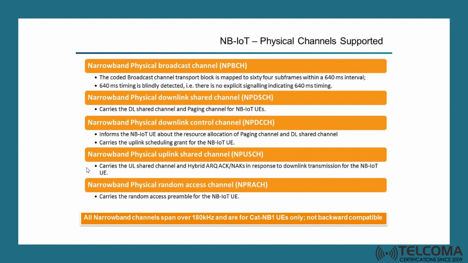Even though we don't have those channels, we will still be able to proceed with the communication here in NB-IoT. And the narrowband physical random access channel, that is NPRACH, carries a random access preamble for the NB-IoT UE to the network, to latch onto the network. All these narrowband channels span over 180 kilohertz and are for CAT-M1 UEs and CAT-NB1 UEs only, and it is not backward compatible with LTE.